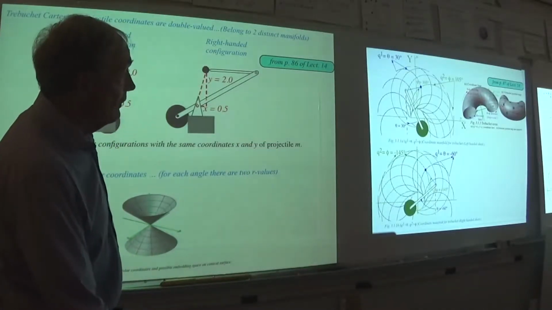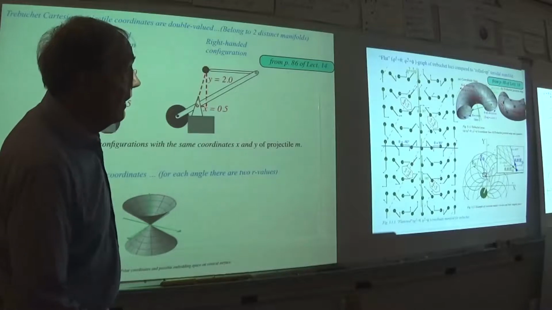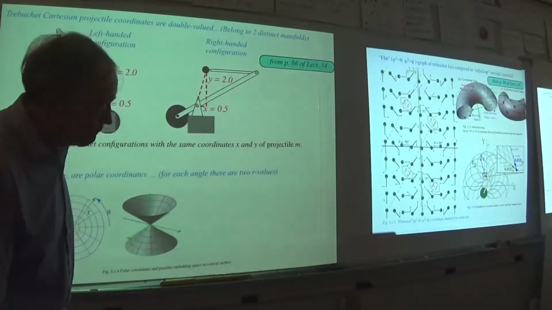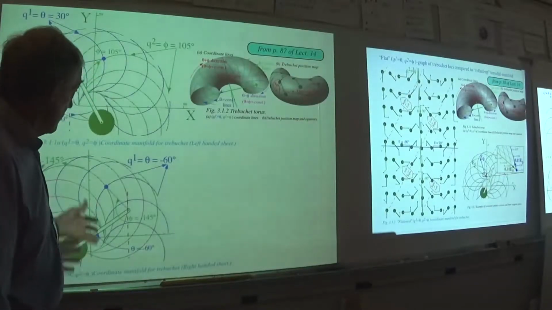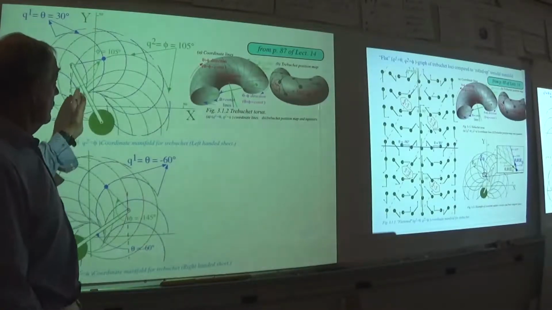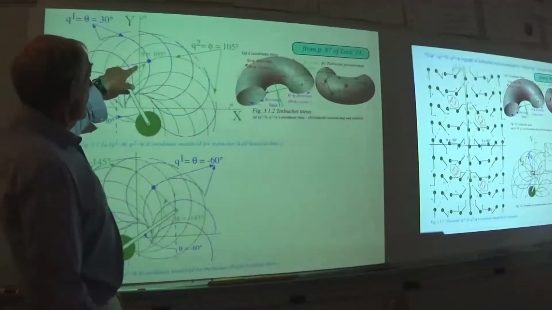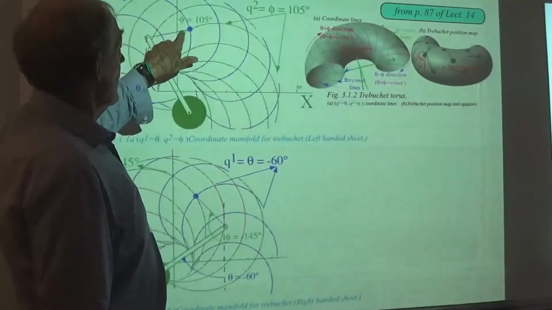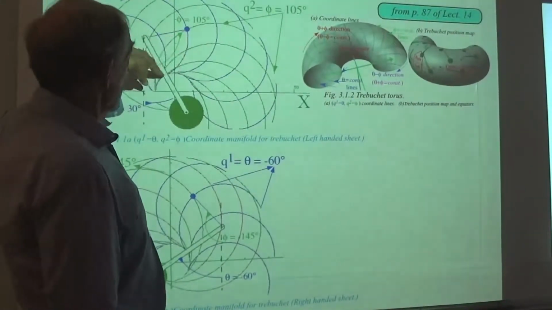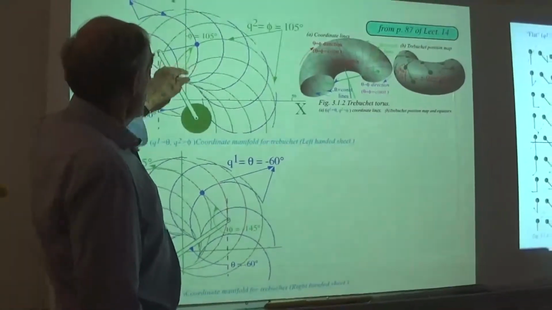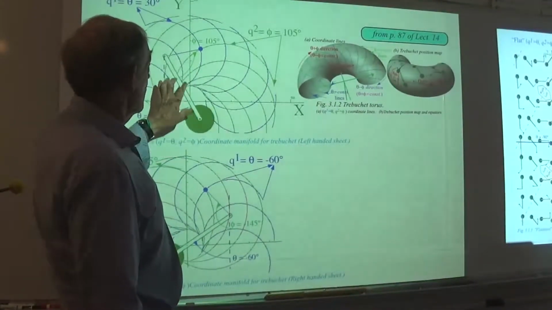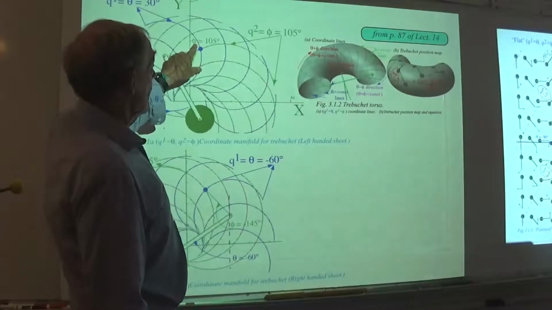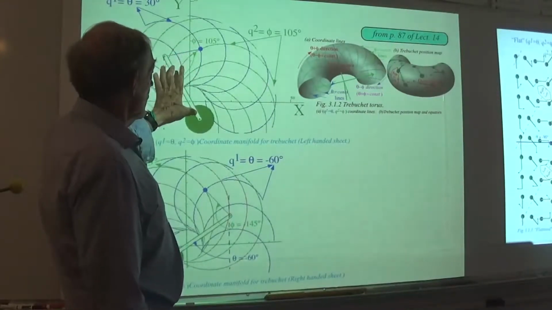The angles theta and phi are quite evident here. I showed you last time that if this one stays constant, then the other angle, the projectile angle, makes a circle.